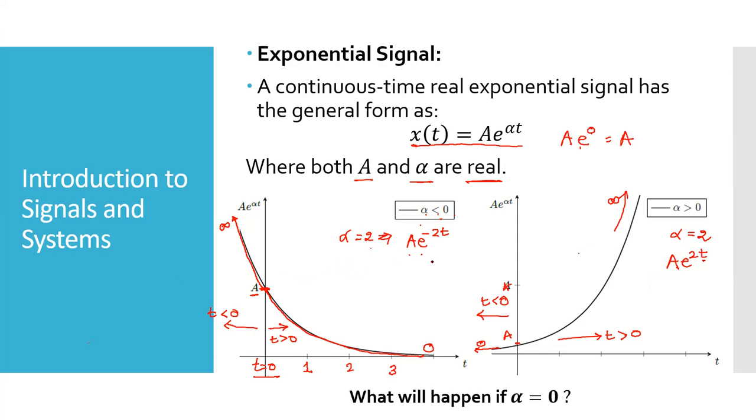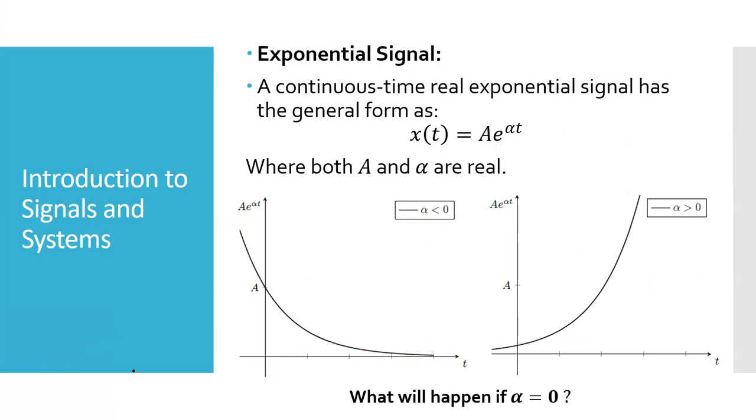Okay, so see, these are two conditions of exponential signal. Either the exponential signal will decay with time. As the time progresses, it will decay. We call it decaying exponential. It may grow. We call it growing exponential. I think you have already studied this in control systems, right?